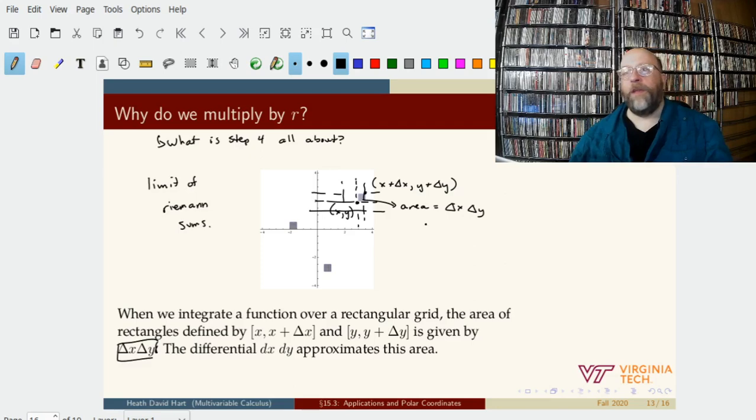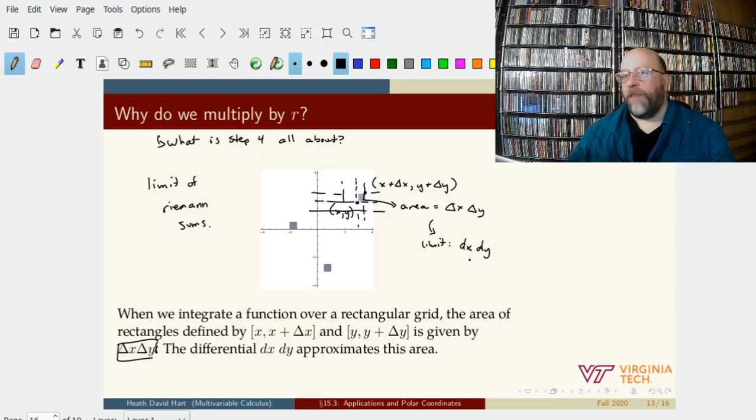And then when we take the limit, as this approximation gets better and better as the pieces get smaller, we can use the dx dy, which is an approximation of this, but in the limit, the approximation becomes perfect.